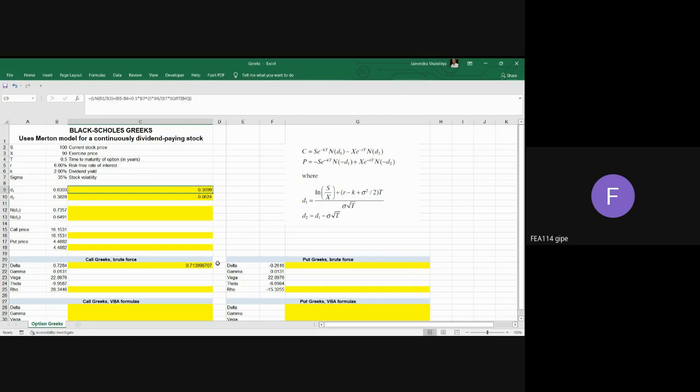Let me see. So log of B2 upon B3 is fine, plus B5 minus B6 plus 0.5 into B7 square, which is again part of the formula. I can close the bracket and multiply with B4, which is time. That is also fine.